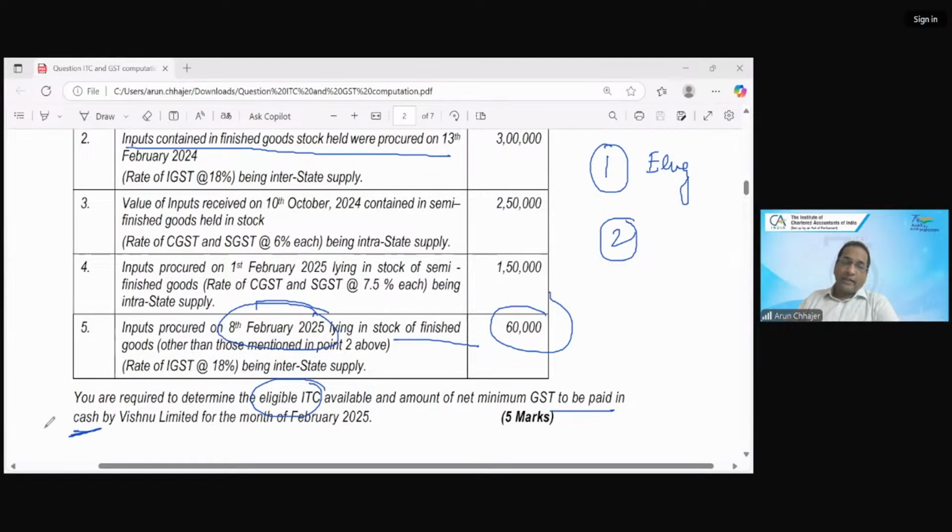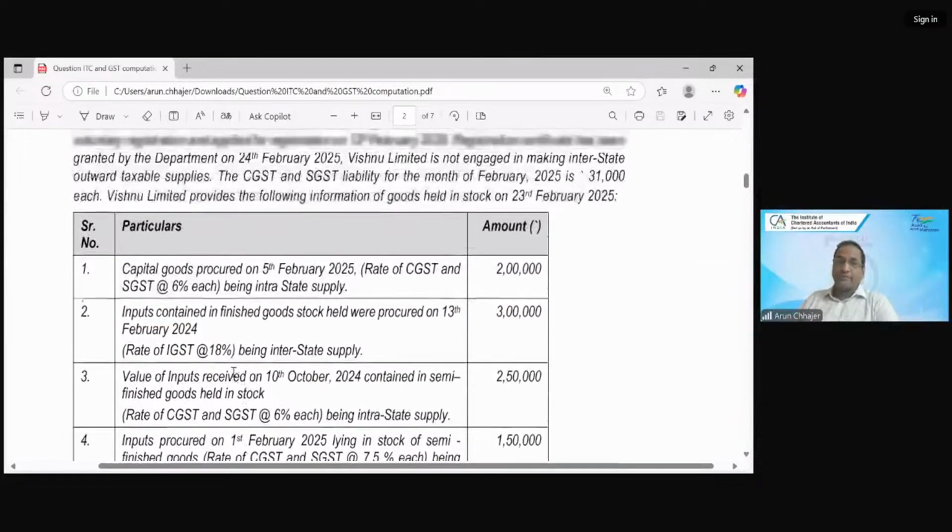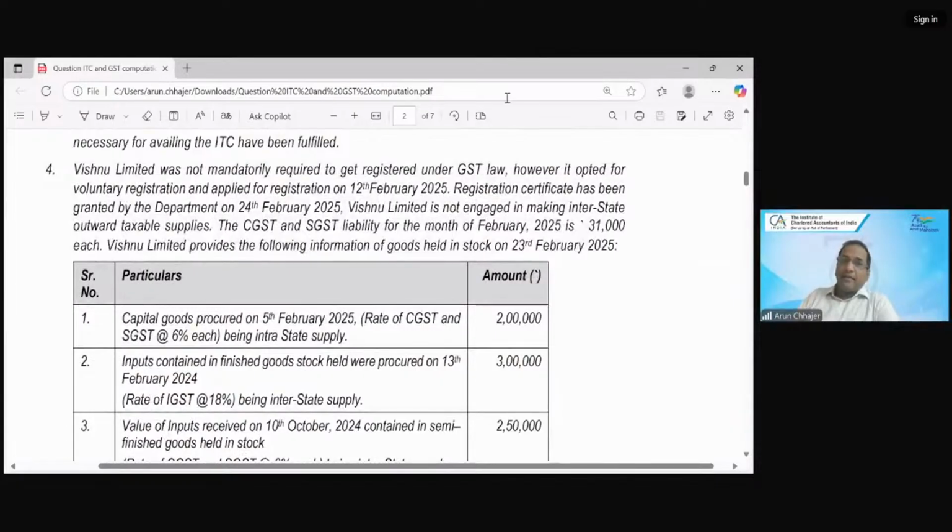Now, let me ask some question. First, tell me what is the relevance of this date? They have given the multiple dates. What is the relevance of this date? इन सब डेट का रिलेवेंस क्या है?